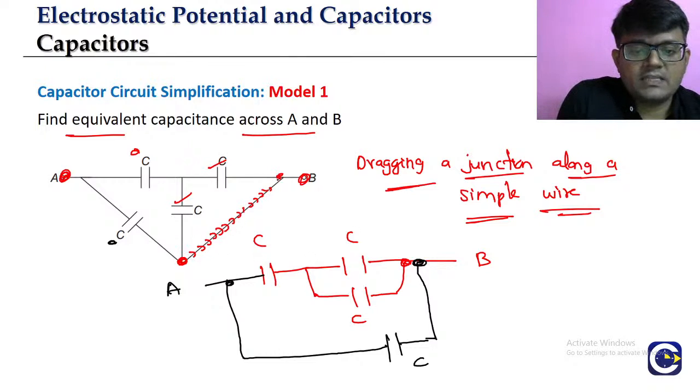We are just dragging the junction from here and keeping it there. You go and place it there. What is happening? Look, the value of this C and this C, they both will become parallel. Okay? This particular C will come like this.